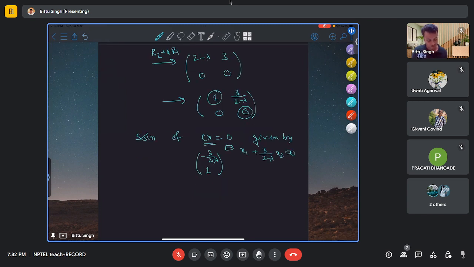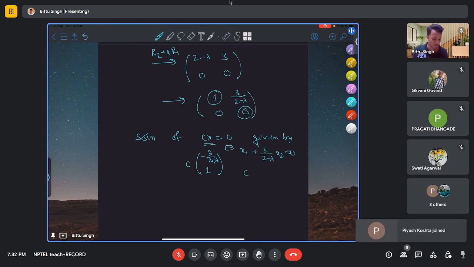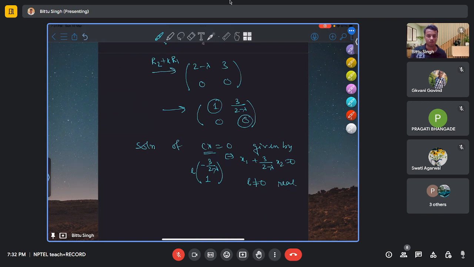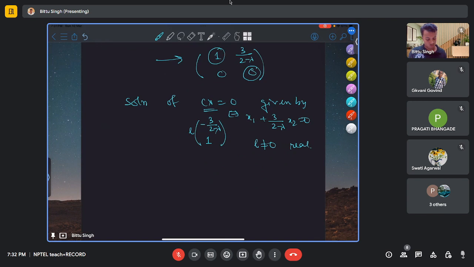So the general solution is given by this times some scalar. Okay, C is any non-zero real number. Let us instead of denoting it by C, denote it by some L. L is any non-zero real number. So those are the eigenvectors. Okay, if you put the value of lambda, you will get some actual complex number, and the eigenvector will look like this.